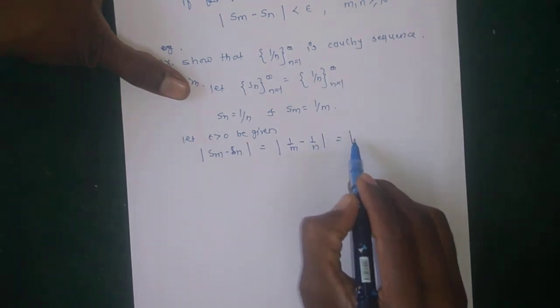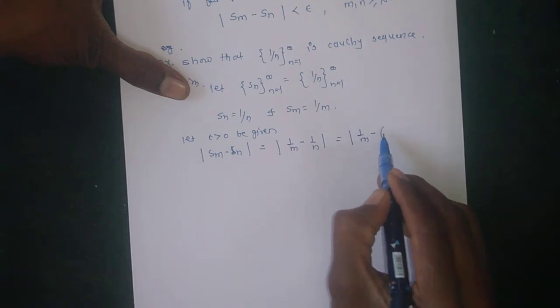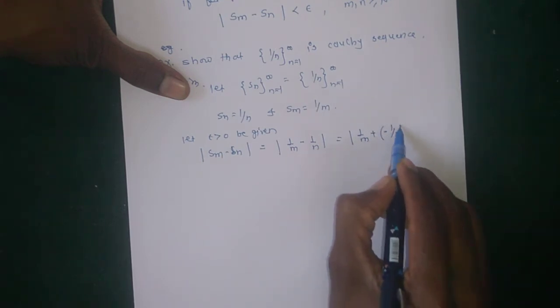This can be written in the form of 1 upon m plus minus 1 by n.